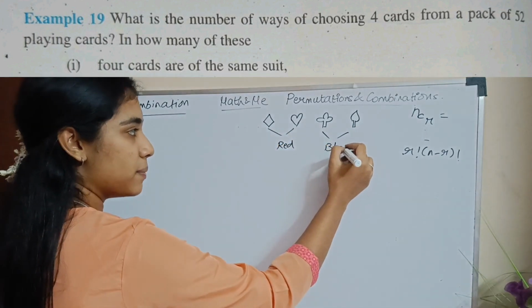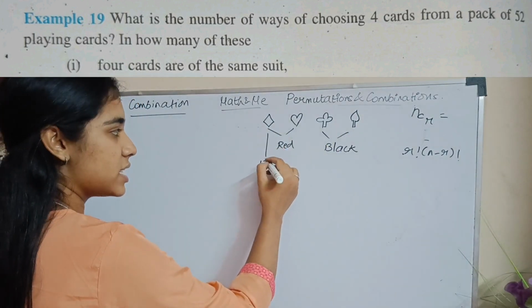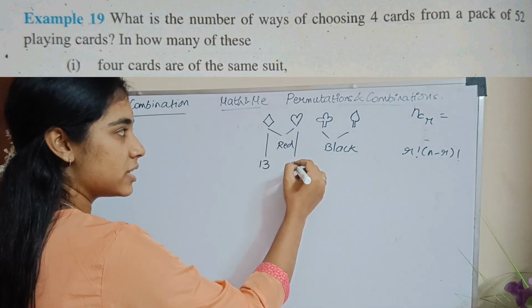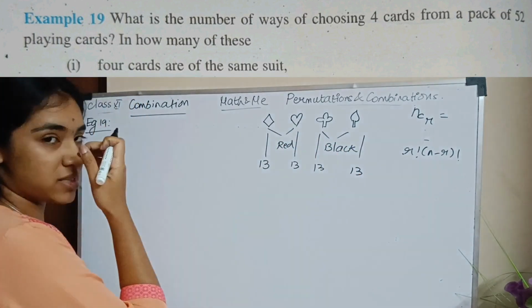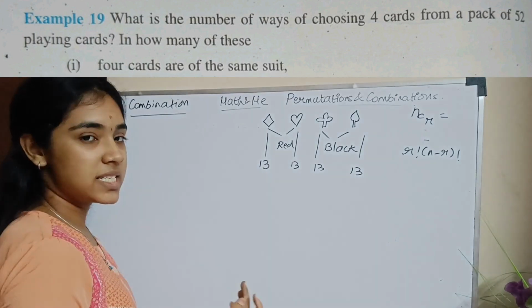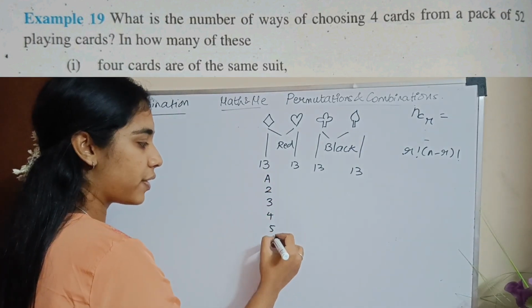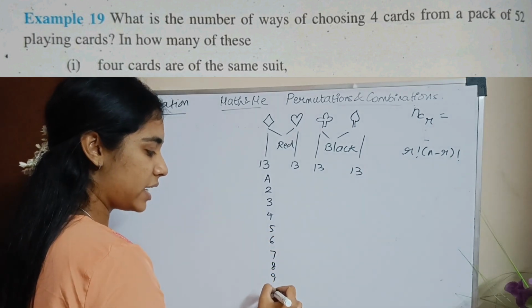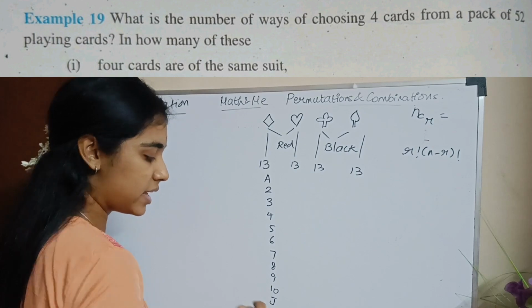These 2 are black. You have 13 cards each. So there are 13 diamonds, 13 hearts, 13 clubs and 13 spades. Okay. So what are the 13 cards? A, 2, 3, 4, 5, 6, 7, 8, 9, 10, Jack, Queen, King.